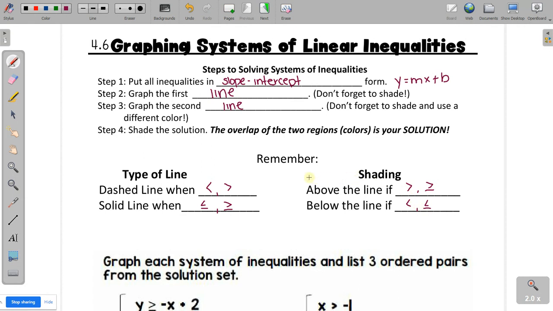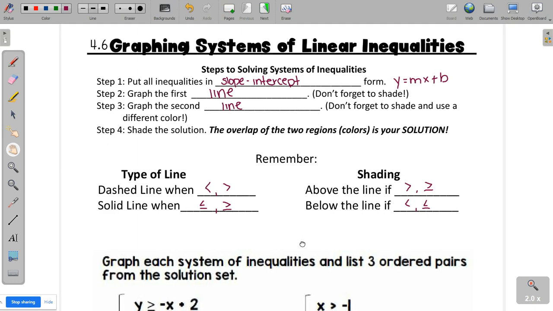And above, you can also think of it as to the right if it's a vertical line, and below would be to the left if it's a vertical line. And at any point you want to check, you can always use a test point for your shading. You don't have to do this trick.